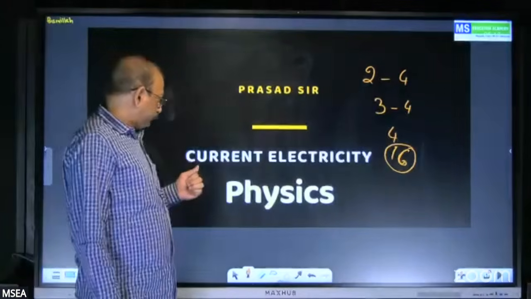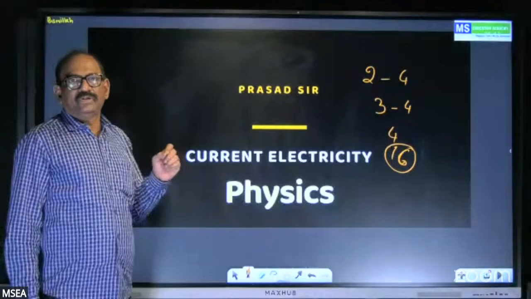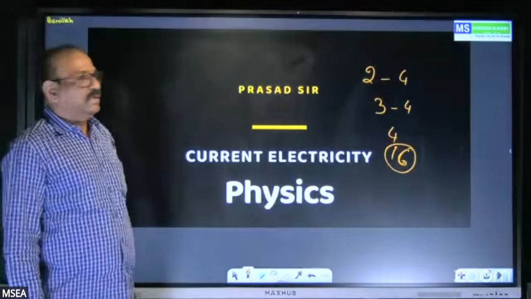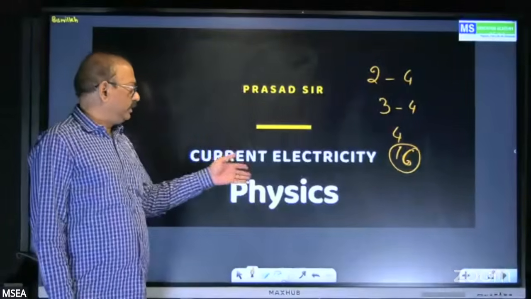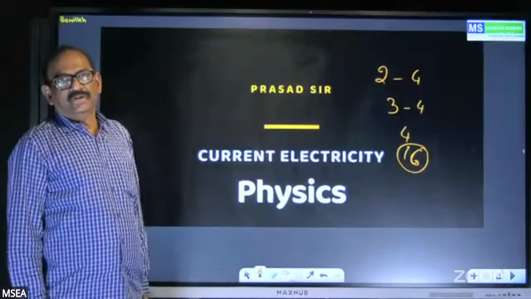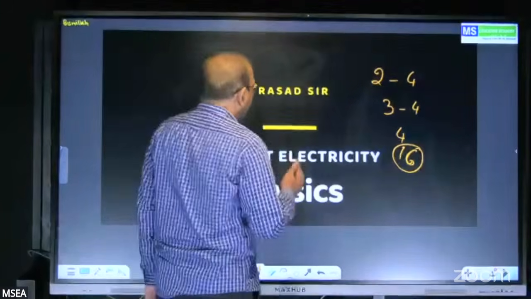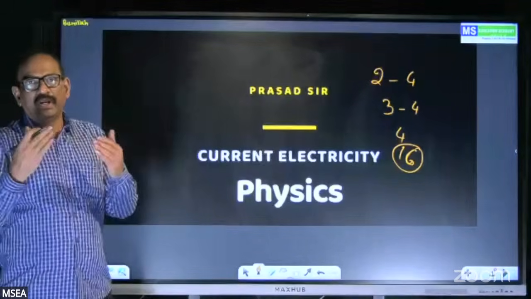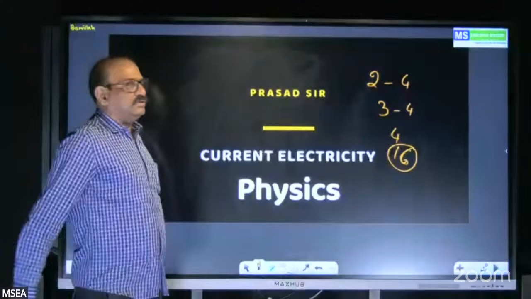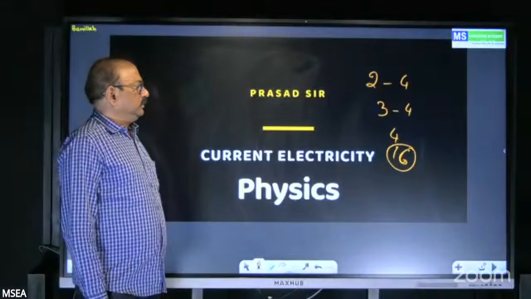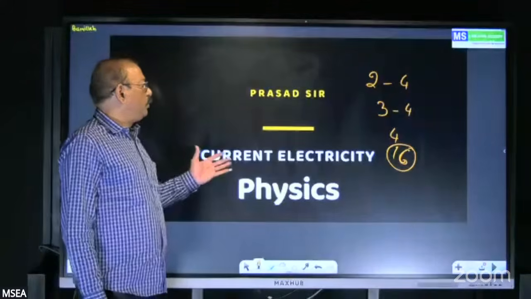And now I'm going to give you some important tips and tricks to solve the problems: elimination methods and time-saving techniques for solving the numerical problems. Together we are going to solve some important NEET level problems from current electricity, starting from basic to tricky rank improving questions.